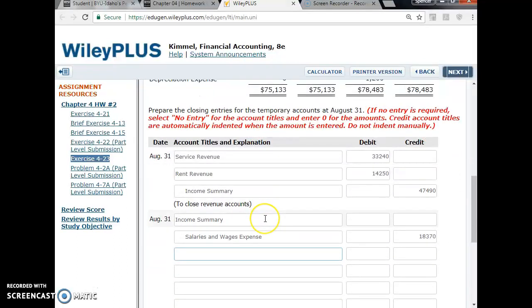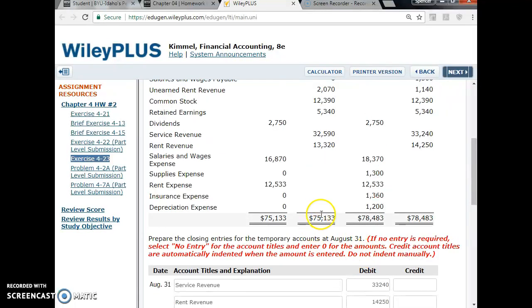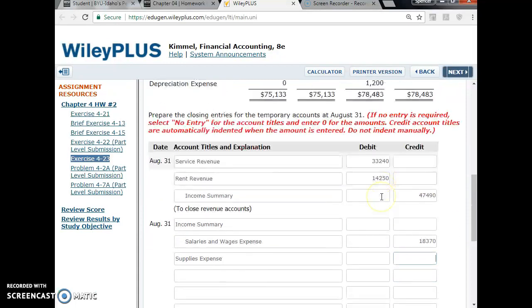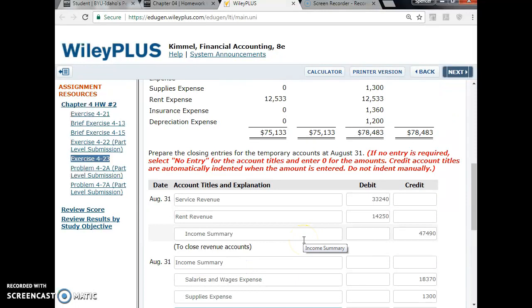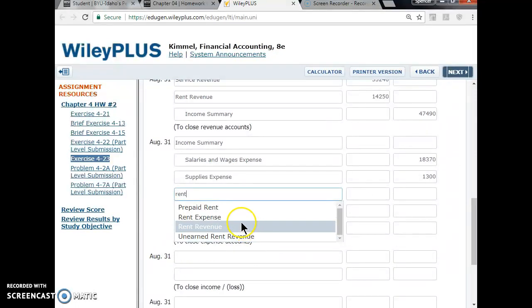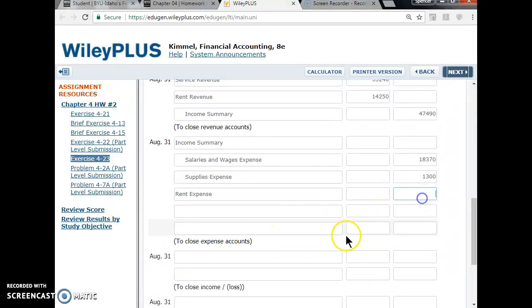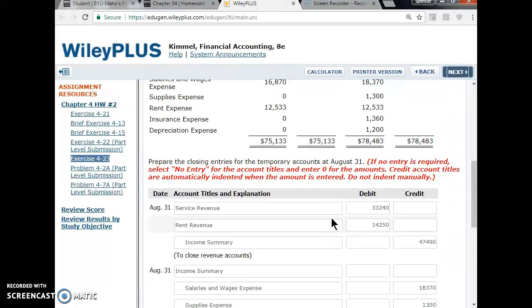The next one we have is supplies expense. We're going to credit that for 1,300. The next expense we have is rent expense. We're going to credit that for 12,533.